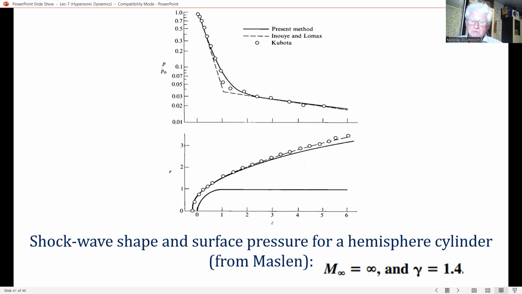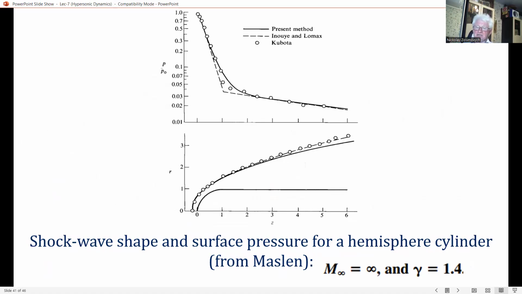The inverse method can be used in an iterative sense to calculate the flow over a given body. That is, the shock is assumed, and the supporting body shape is calculated. This body shape is compared with the given body, and a new shock is assumed that will produce results closer to the given body.